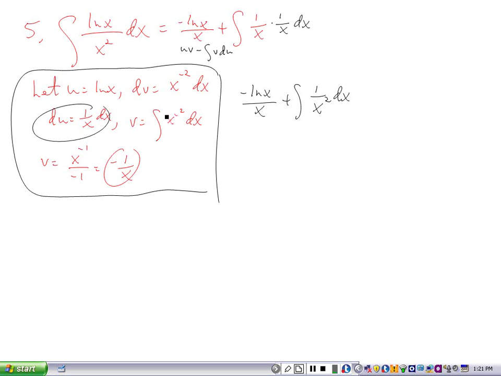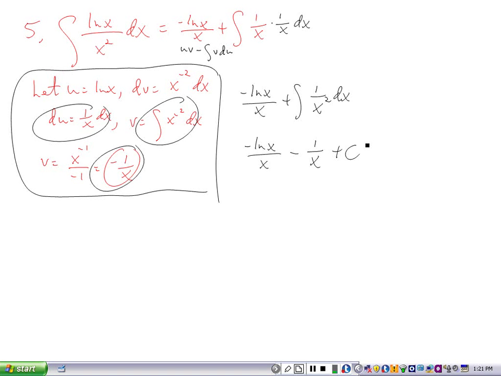Well, we just did the integral of 1 over x squared, and we got negative 1 over x. So instead of doing the same thing over again, we just use what we got. So the integral of 1 over x squared is negative 1 over x, plus a constant.